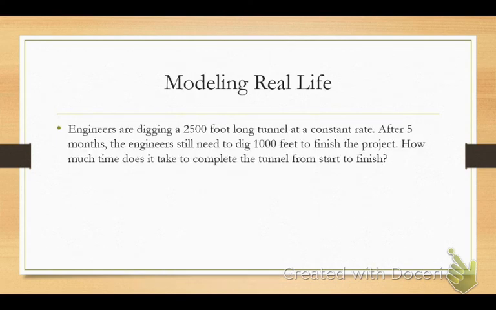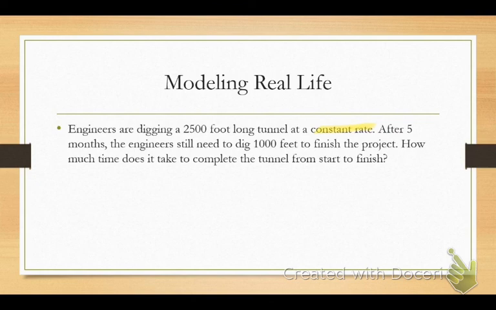All right, and then we do have the engineer's example also, and again, this one was from our notes. The constant rate is what allows me to actually put this into an equation. If it wasn't a constant rate, if different variables were affecting their speed, I couldn't do this.